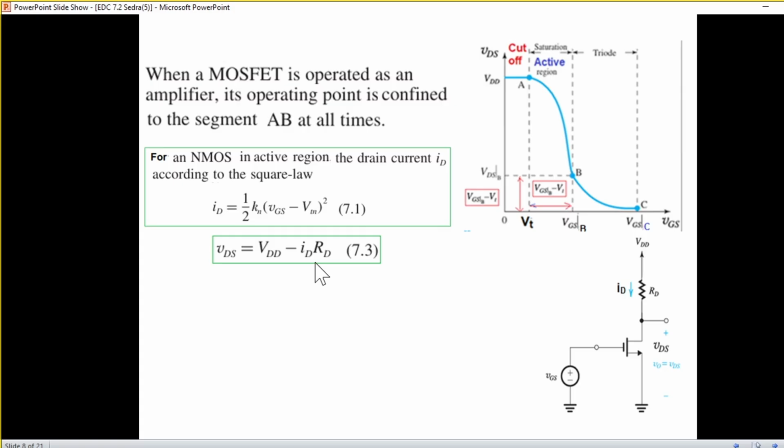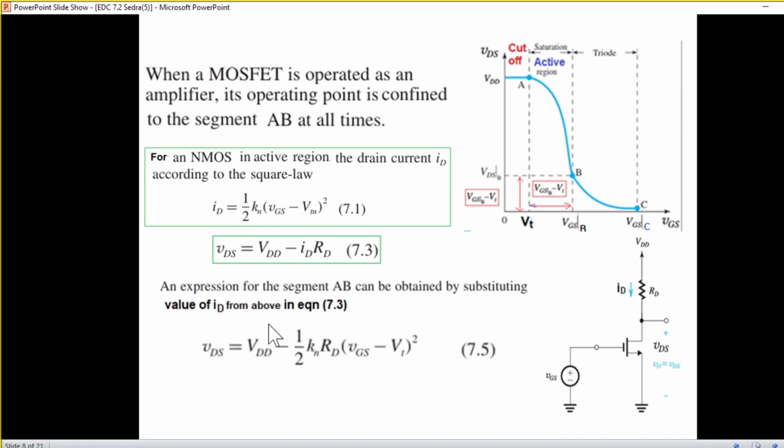Now if you put in ID, because we are in the active region, this value, then this is the equation of VDS. So VDS somewhere here will follow this value, as we have put in the active ID value. This is a very important equation, 7.5. This will ensure that our transistor is operating in the active region.